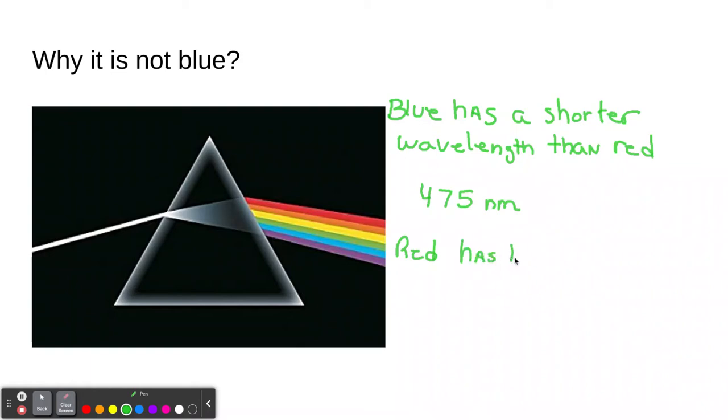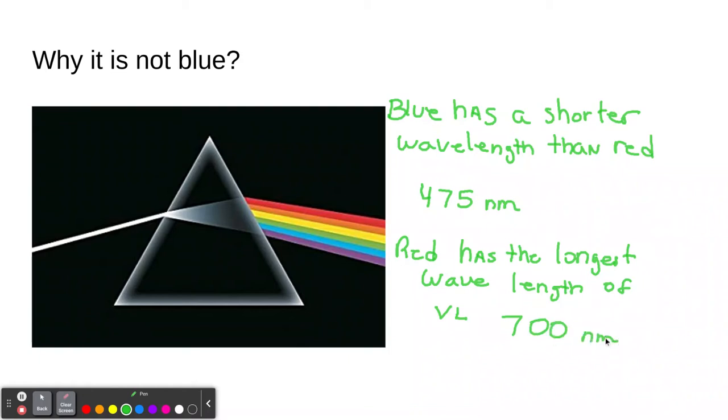Red has the longest wavelength of visible light. Just put VL, visible light. And so we're looking at about 700 nanometers, right? So because of red's long wavelength, it's able to penetrate more into your skin, whereas the blue light doesn't penetrate as far into the tissue.